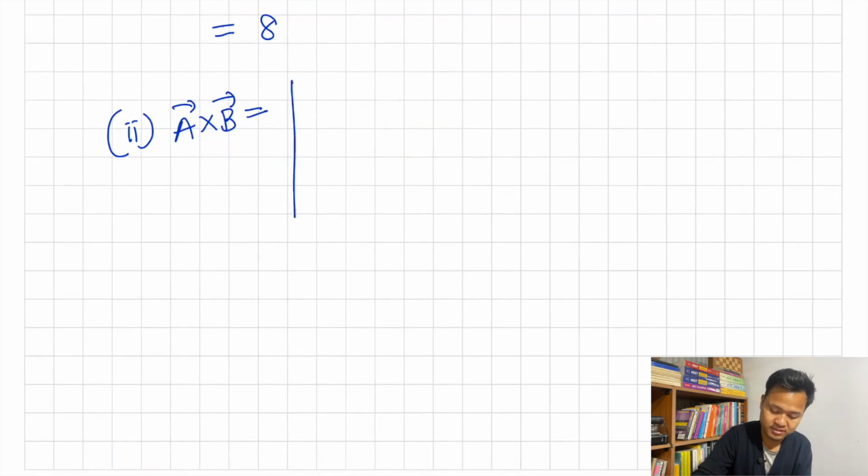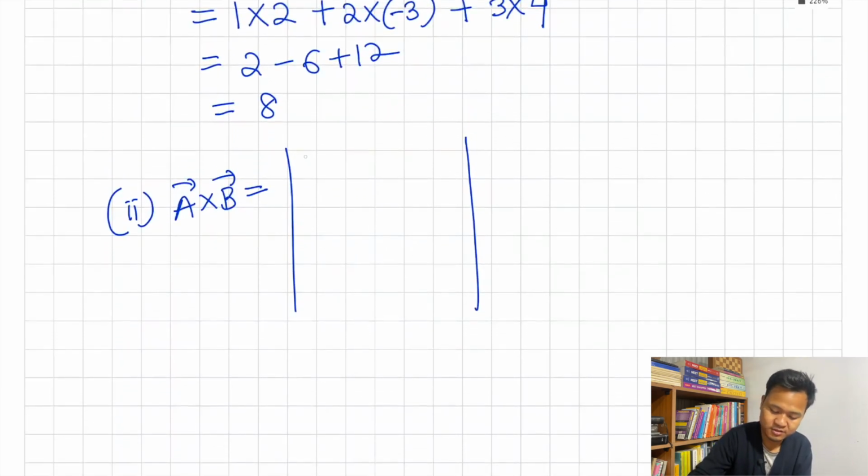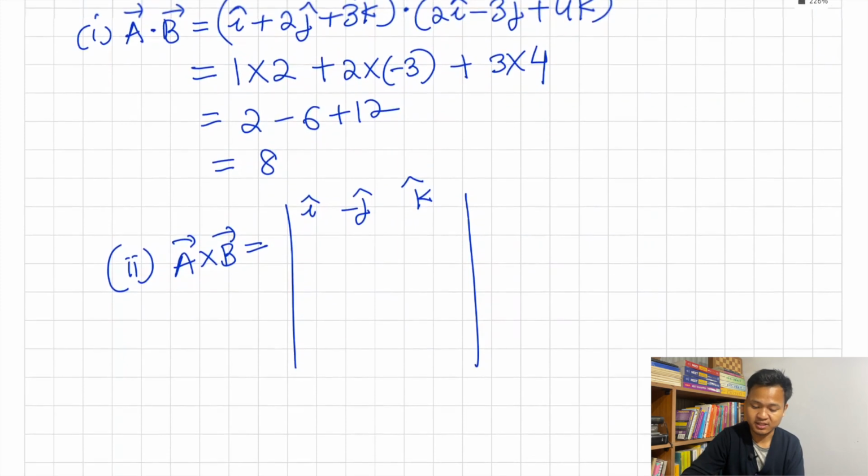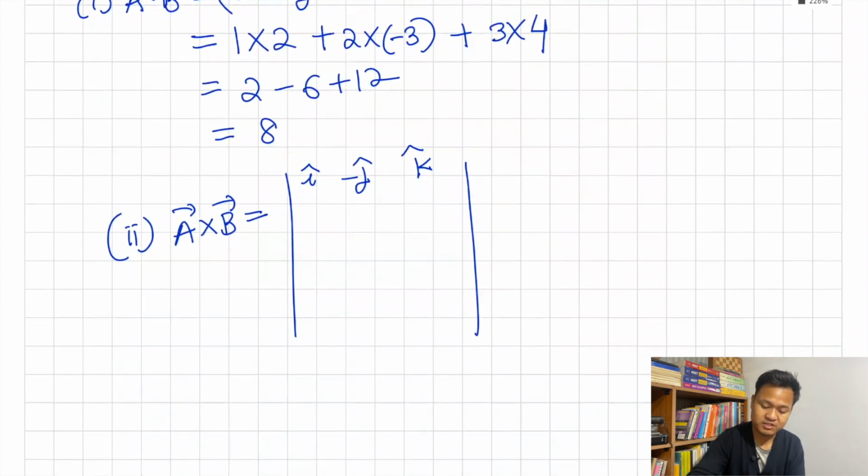So how do you write it? You write two long bars. On the first row you write i, minus j, and k. Below that you write the first vector, and below it the second vector.